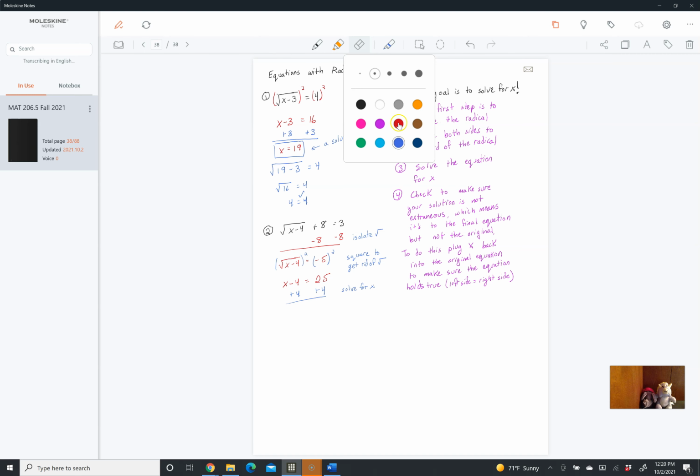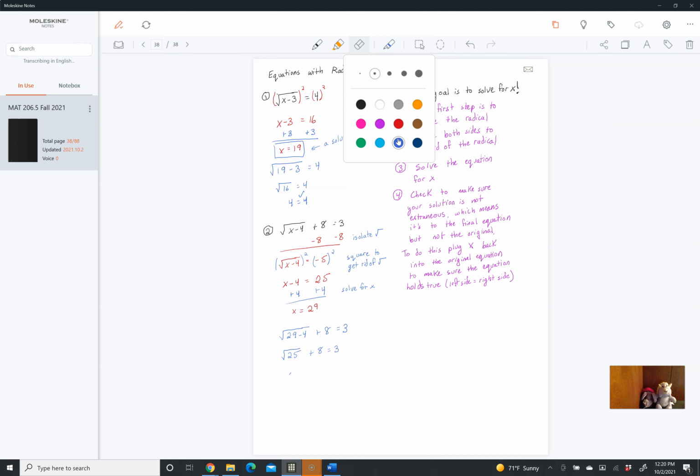When we add 4 to both sides, we get that x is equal to 29. You have to plug back in. So square root of 29 minus 4 plus 8 is equal to 3. Well, here we have square root of 25 plus 8 is equal to 3.